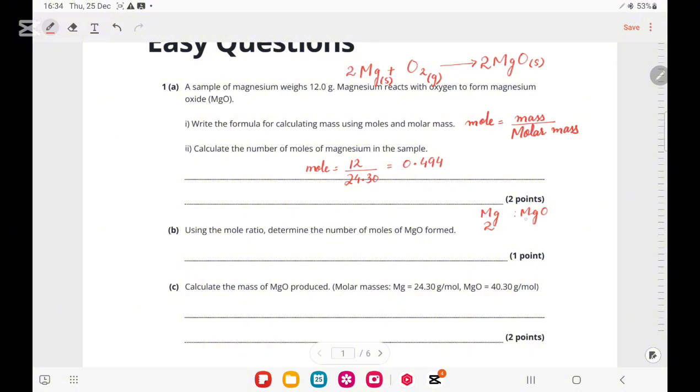So there are 2 moles of magnesium that are forming 2 moles of magnesium oxide. Then we have the moles of magnesium, which is going to be 0.494, and it is going to be x, and it is going to be cross multiplied, and x comes out to be 0.494. So these are the moles of magnesium oxide.